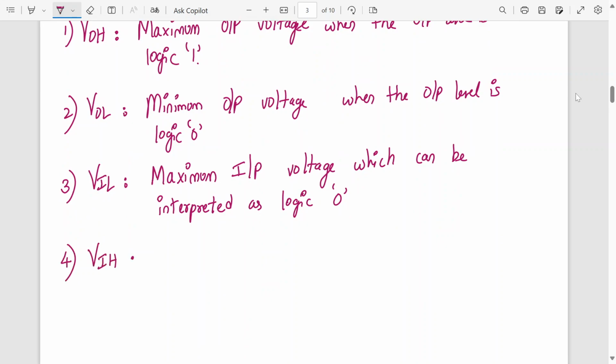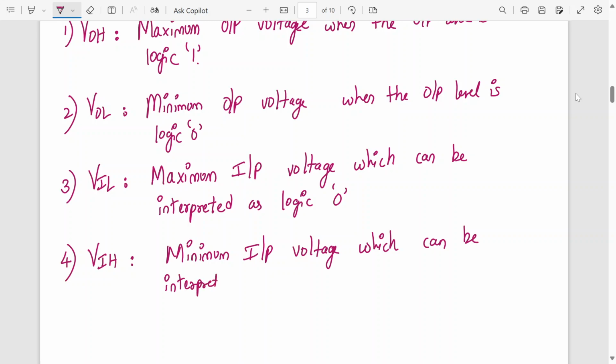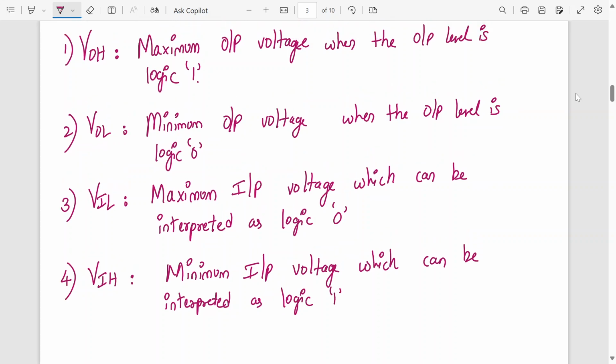Next is VIH. Minimum input voltage which can be interpreted as logic 1. Alright, these are the 4 critical parameters.